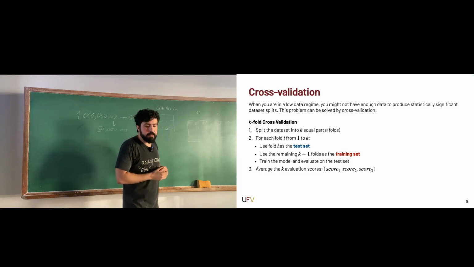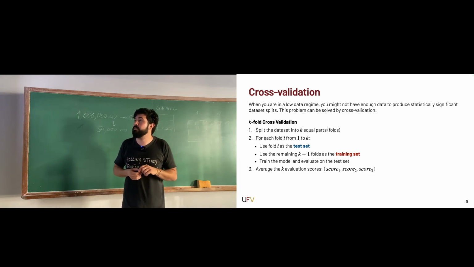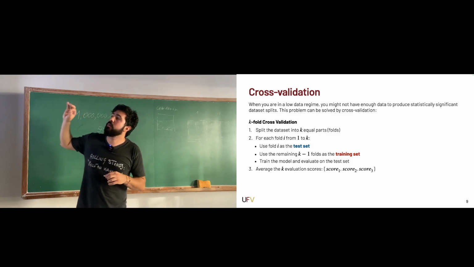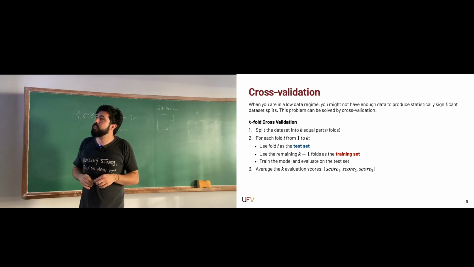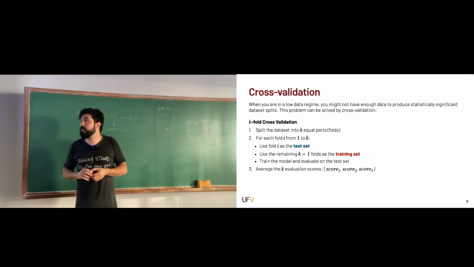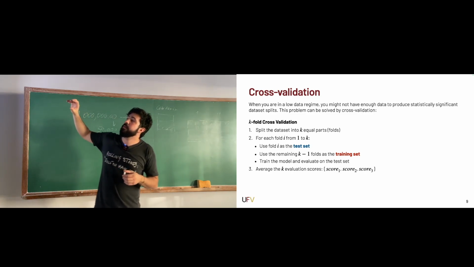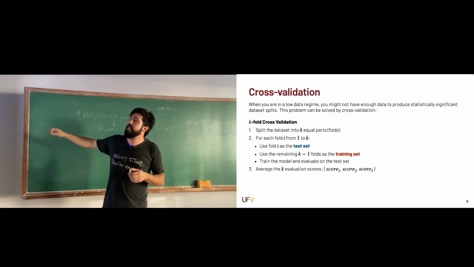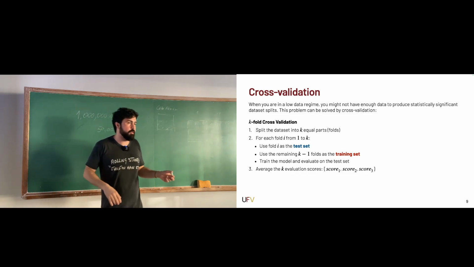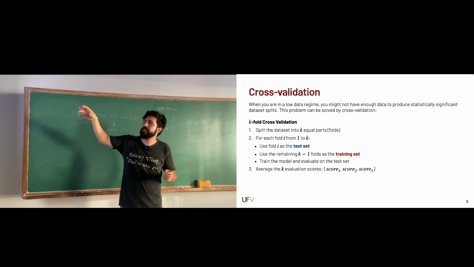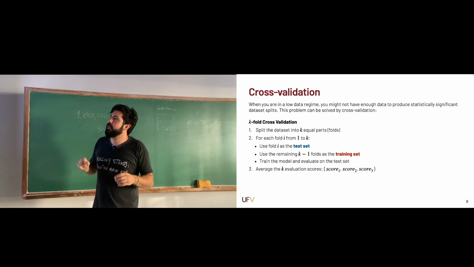And then there is this idea called cross-validation that we can use to solve that problem. One of the more general approaches is called k-fold cross-validation. It consists of first splitting the data set into k equal parts. We call them folds, okay? And I'm going to have an example so you understand these with actual numbers.